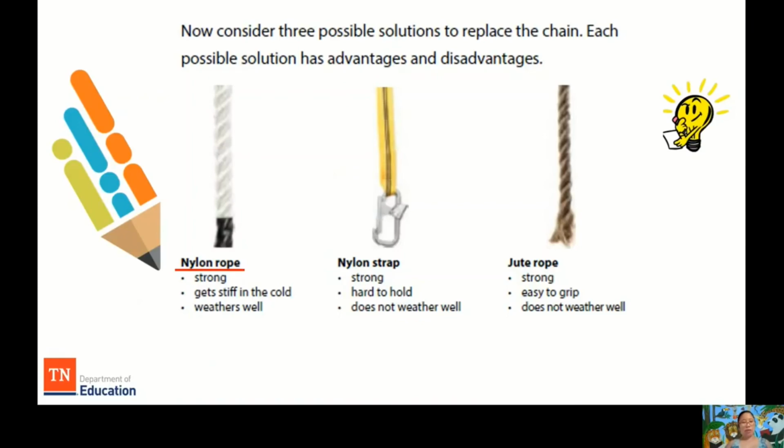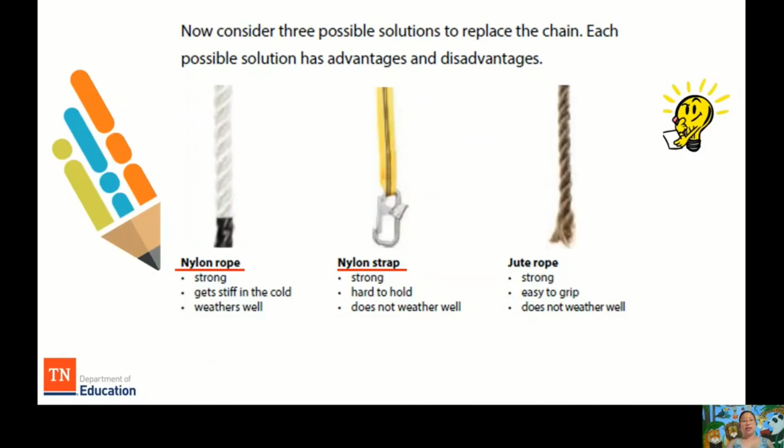Like it won't get ruined just because it's too sunny or too rainy or too snowy or freeze and break off. It holds up to different kinds of weather. So that sounds like it could be a good choice, except if it's too cold and it gets stiff. But then I wonder, if it's really that cold, do I still want to be outside? Depends on how cold it is, I guess.